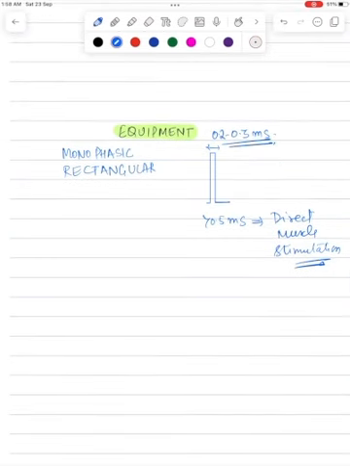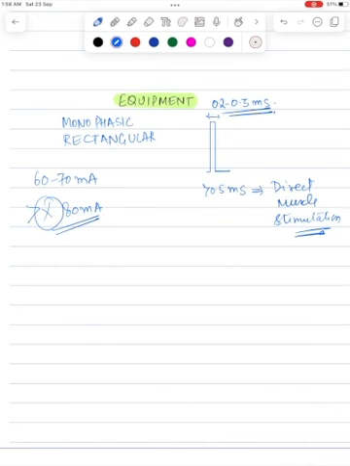The nerve stimulator should also be able to generate a current of 60 to 70 milliamperes, but not more than 80 milliamperes. The polarity of the electrode should also be indicated, and it should be able to deliver a variety of stimulatory patterns such as TOF, DBS, and post-tetanic count.